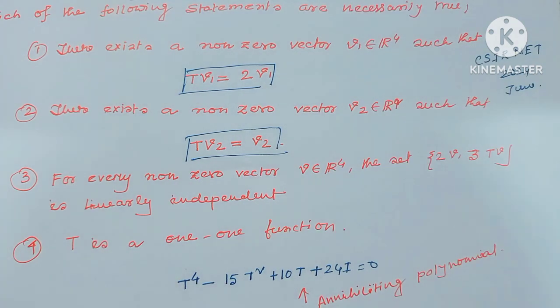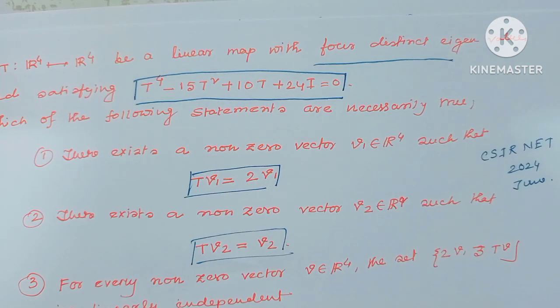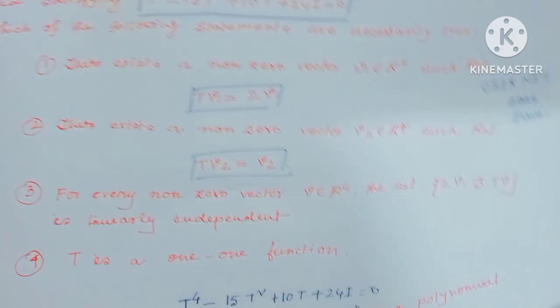Option 3: for every non-zero vector v belonging to R4, the set 2v, 3v is linearly independent. Option 4: T is a one-one function. This is a very easy question. This operator has 4 distinct eigenvalues, as given. At first, solve this operator.